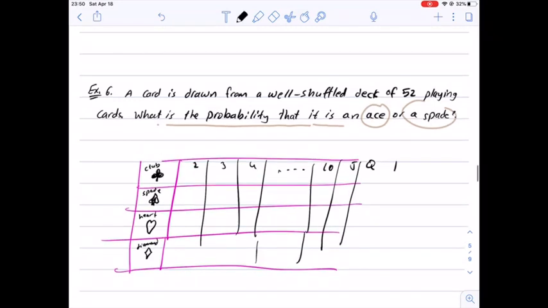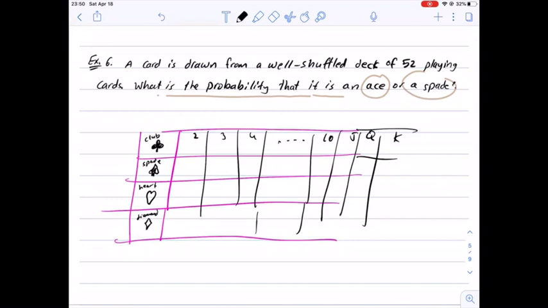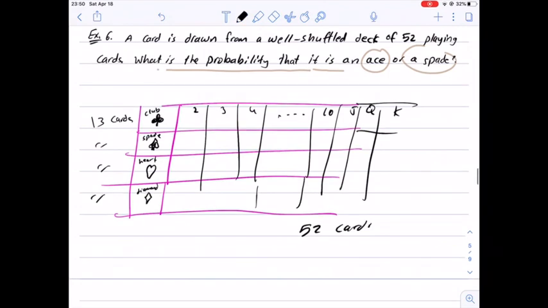And then we have jack, queen, and king here. So that means we have 13 on each row. We have 13 cards, so the sum is 52. 52 cards.